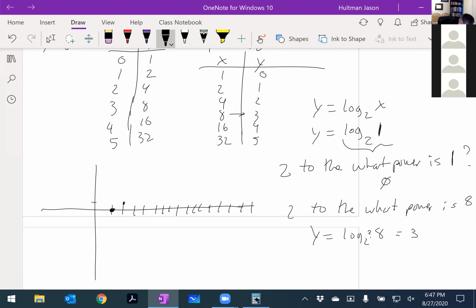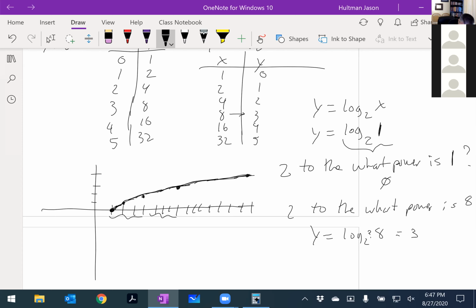When x is 4, y is 2. When x is 8, I'm up another 1. When x is 16, I'm up another 1. So we're getting some sort of curve that looks like this.